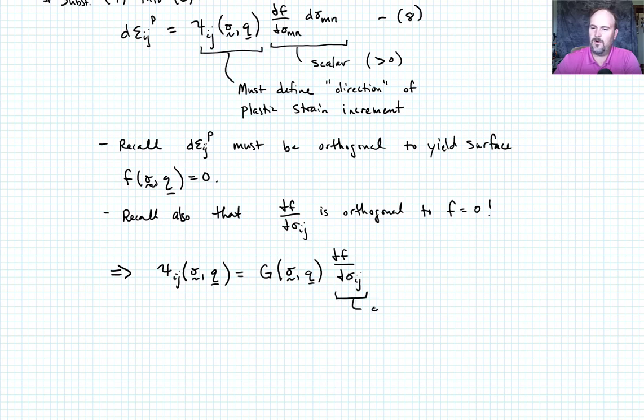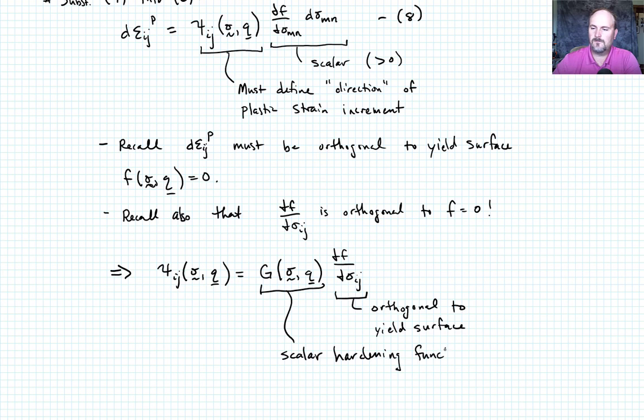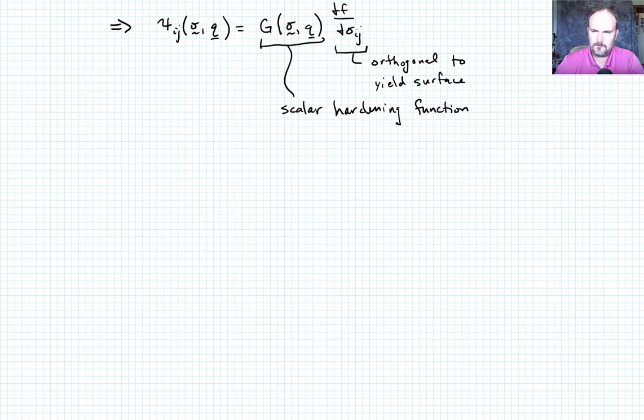Because this is orthogonal to the yield surface. And this quantity, this g, we call the scalar hardening function. Let's call this equation 9.